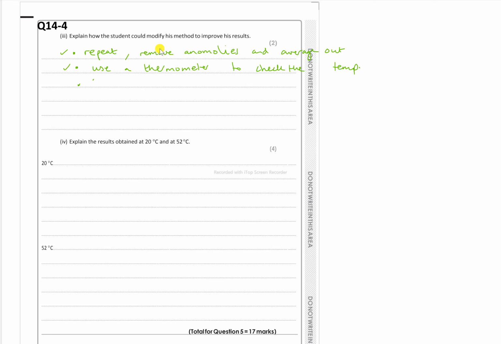You could make sure that the concentration of glucose is the same. Right, make sure the type of yeast is the same.